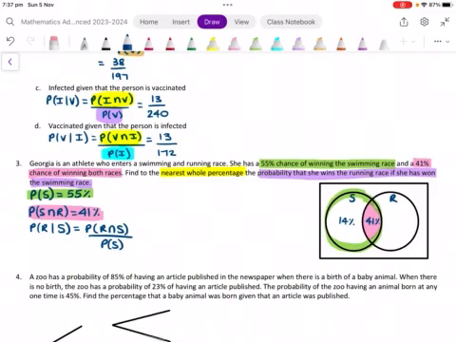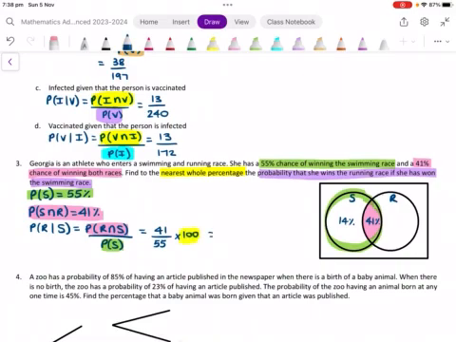Now, running and swimming is exactly the same as swimming and running. So this is equal to our 41 over our probability of swimming, which is just 55. Now, even though these were percentages, when we go 41 divided by 55, we're going to get a decimal. So we need to times by 100 so that we can get this as a percentage.